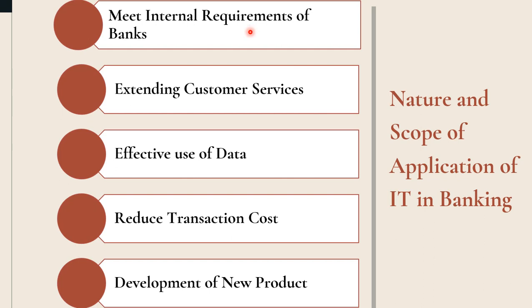So in order to meet the internal requirements of the banks, to know the balance sheets, profit and loss statements and non-performing assets, the bank uses information technology. This is the first point we can mention while discussing the scope of the application of information technology in banking.